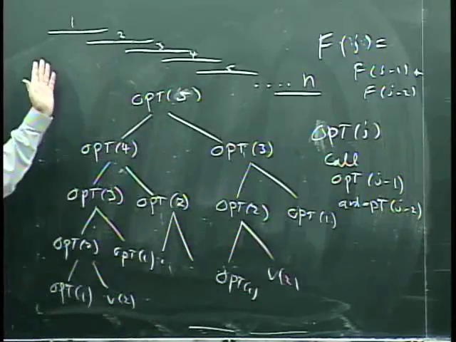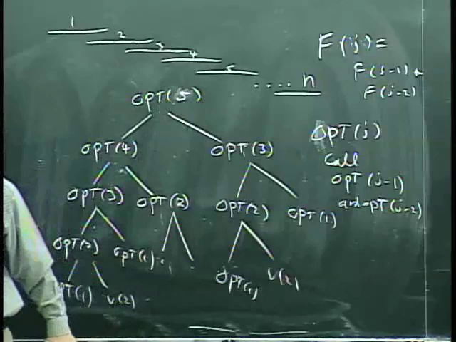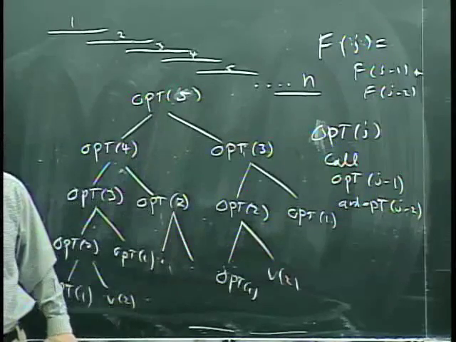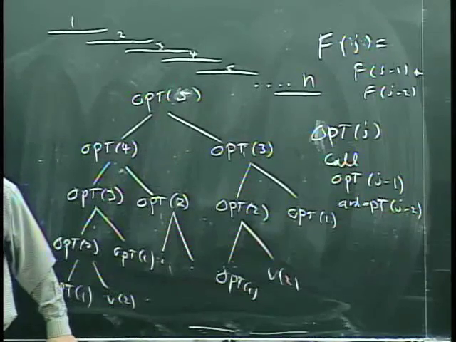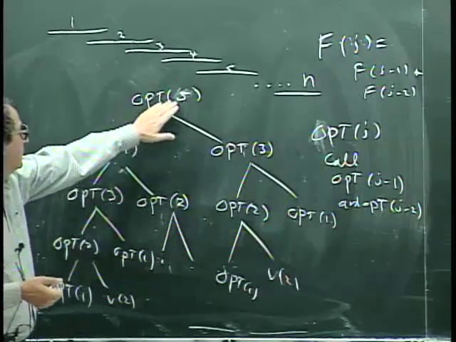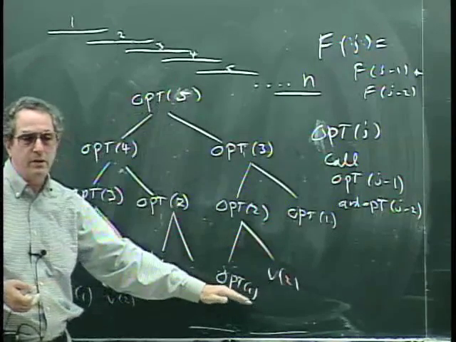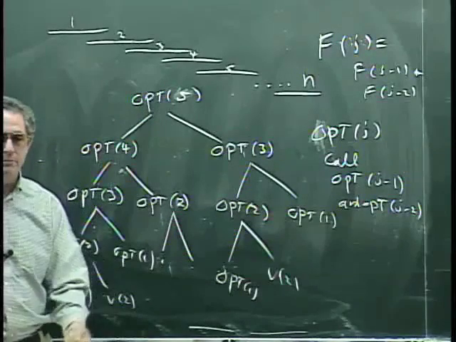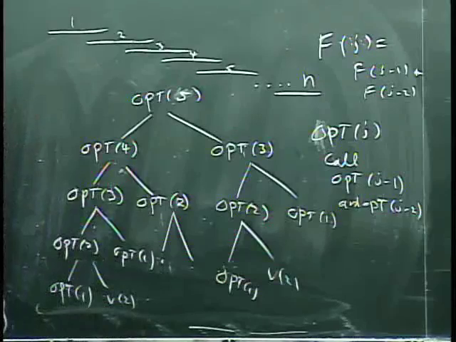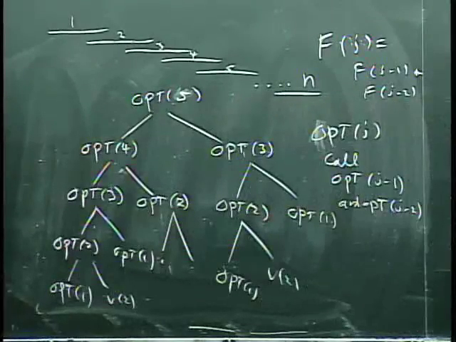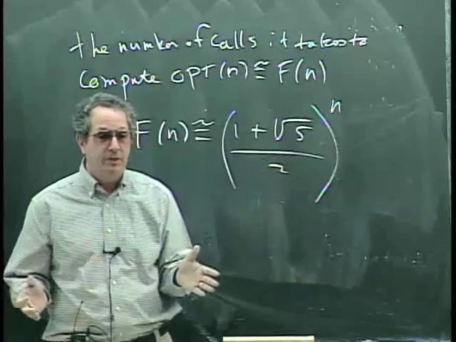In fact, if you have n intervals, how many different kinds of calls are there? Not what's the total number of calls, but how many different calls are there? Just n minus 1, or n, or whatever. You can say opt of n, and then you're going down to opt of 1, but that's not a call. So there's n minus 1 different calls. You're calling opt of n minus 1, all the way down to opt of 2, and yet the total number of calls is growing exponentially when the total number of different calls is just linear.